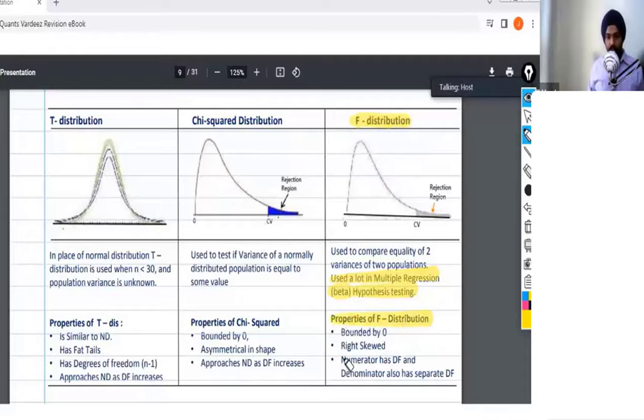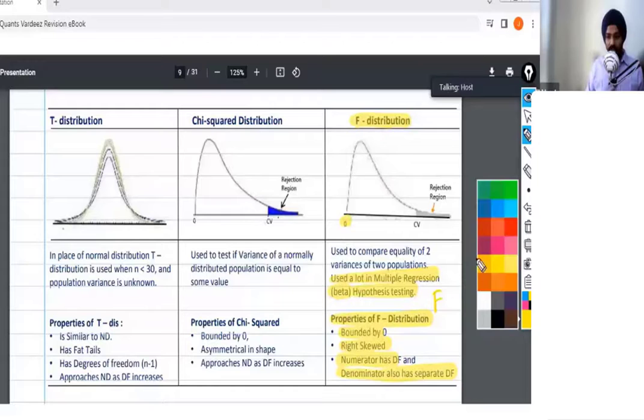Properties of the F distribution: bounded by 0, yes. Right skewed, yes. The numerator has degrees of freedom, and the denominator also has separate degrees of freedom. So this is a special thing. If you look at the formula of the F distribution, whatever we have in the numerator and whatever we have in the denominator will each have their own degrees of freedom.